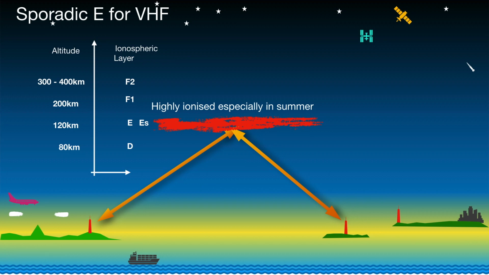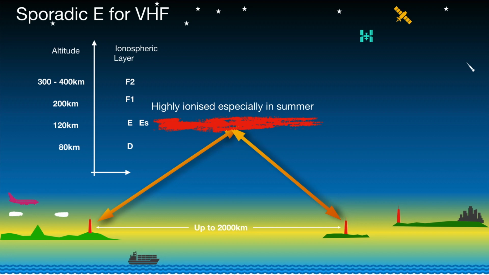And communication is possible up to 2,000 kilometers, and you need to remember that figure. Remember, 4,000 kilometers for a skip off the F2 layers, and 2,000 kilometers for sporadic E.